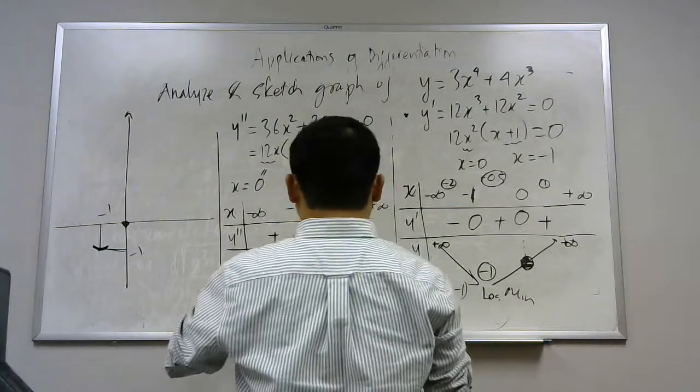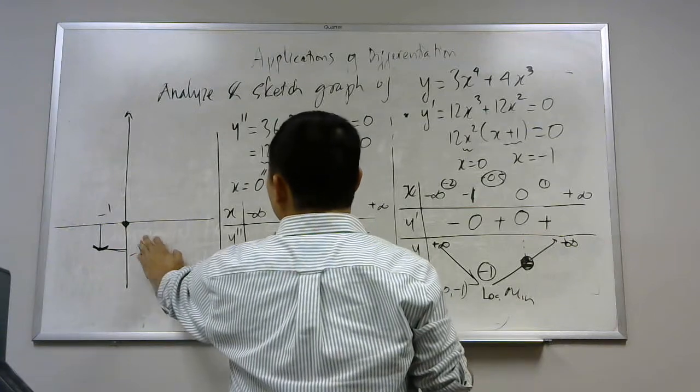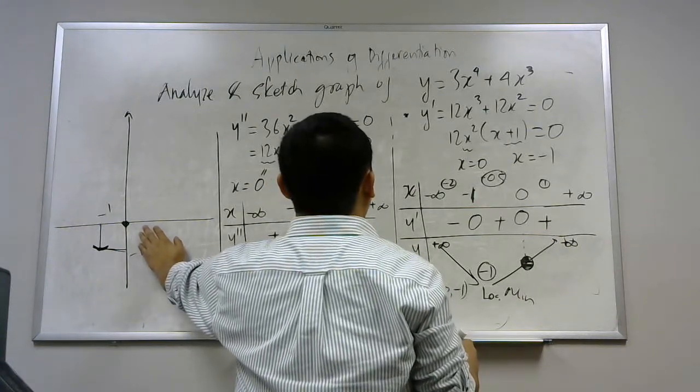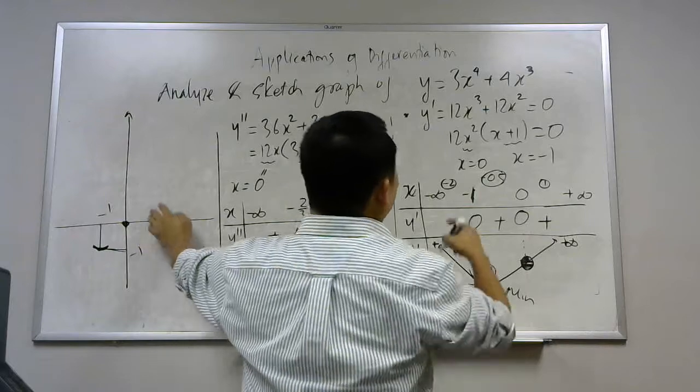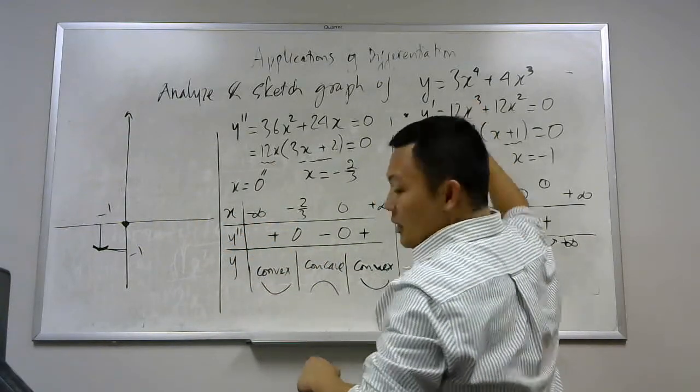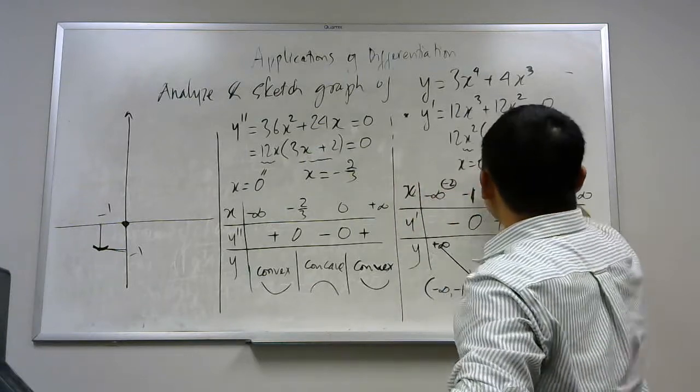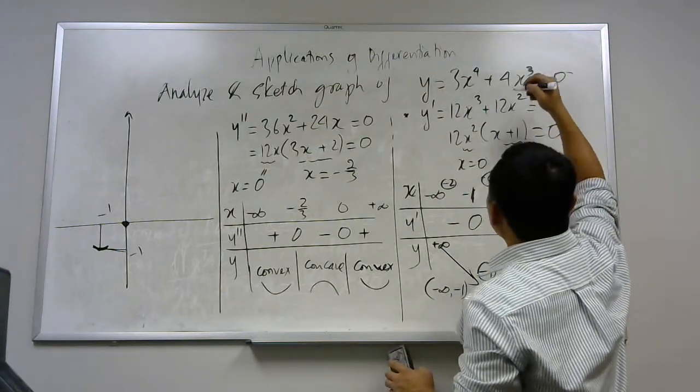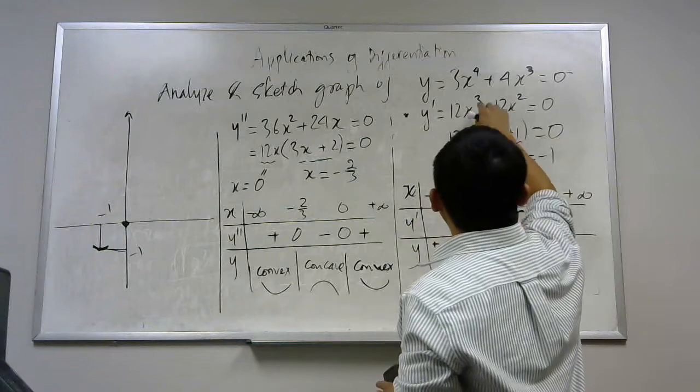Okay. And then if we want to find all x, y, let's find all the x-intercepts, right? Let me erase now. We set this equal to 0 to find all the x-intercepts, right?